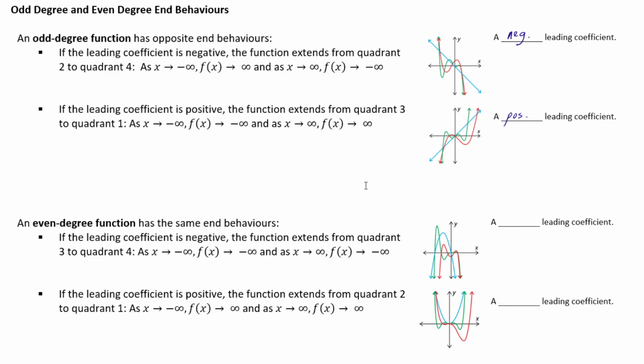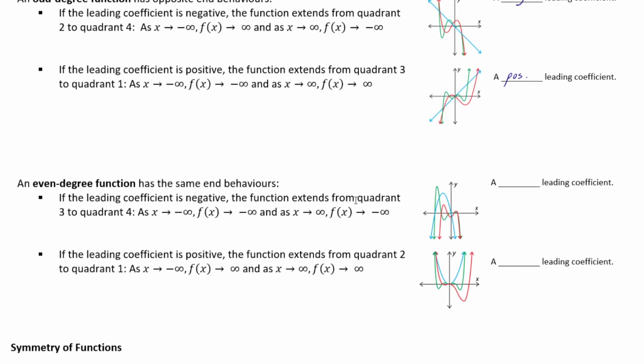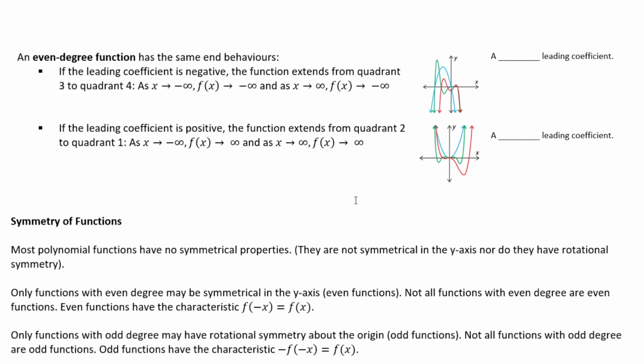Now, an even degree function has the same end behaviors on both sides, and that means that if the leading coefficient is negative, the function will extend from quadrant 3 to quadrant 4. How I like to rephrase this is that if the leading coefficient is negative, it's going to open down.